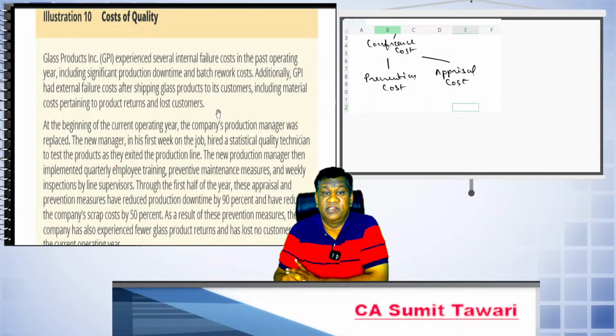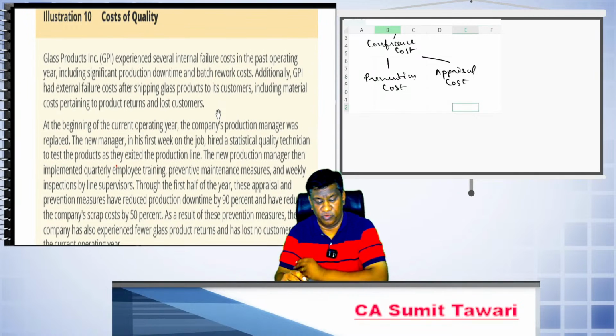The new production manager then implemented quarterly employee training, preventive maintenance measures, and weekly inspection by line supervisors. Through the first half of the year, these appraisal and prevention measures have reduced production downtime by 90% and reduced the company's scrap cost by 50%. As a result, the company has also experienced fewer glass product returns and has lost no customers in the current operating year.